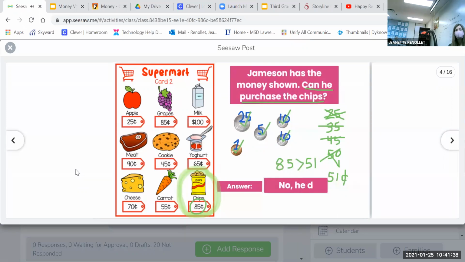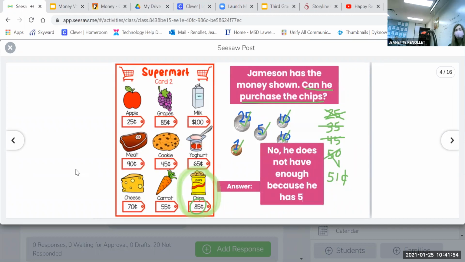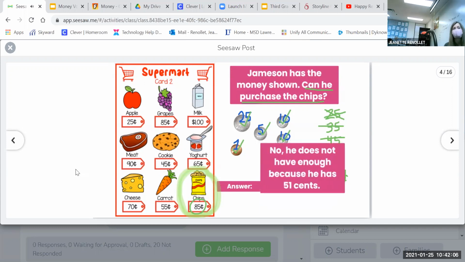No, he does not have enough because, let's scoot this up so everyone can see. No, he does not have enough because he has 51 cents. Today, boys and girls, we're going to find the value of a collection. Then we're going to answer the question in a complete sentence.